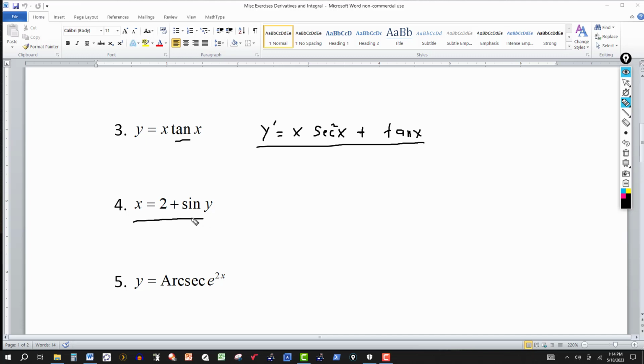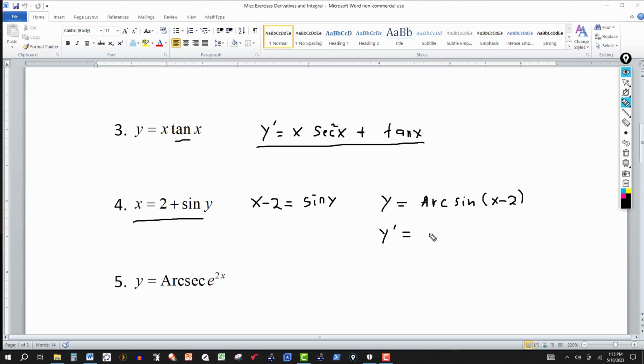Okay, the next one, we don't have a side for y here, so let's rewrite this. Add negative 2 to both sides. We get this. And then let's solve for y by taking the sine inverse of both sides. So sine inverse of the right side will just give me y, so I'll put this on the left then. And then sine inverse, or I can say arc sine, of x minus 2. Let's take the derivative here, then y prime, or dy over dx. This will equal 2.